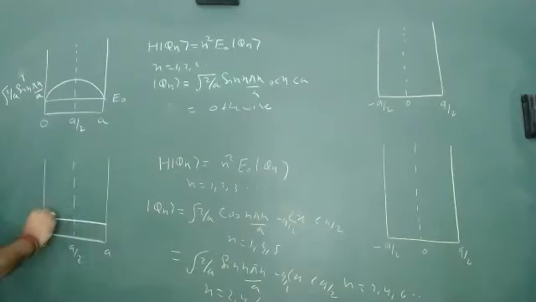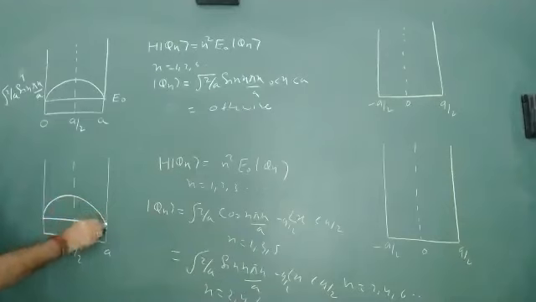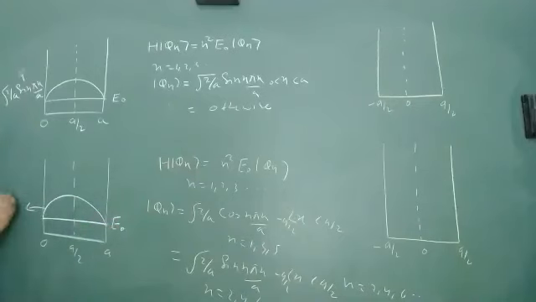Here I am plotting the probability density. This is something like this, and this is also E naught. And this will be 2 by a sine square pi x by a.